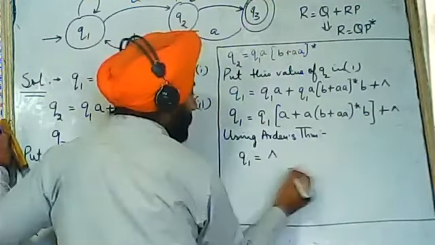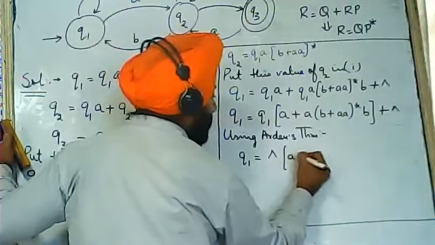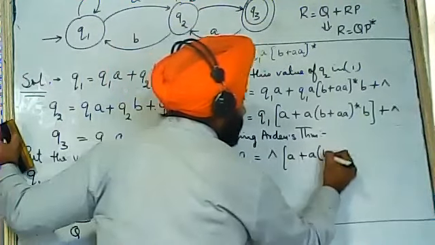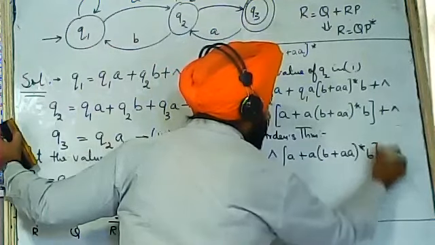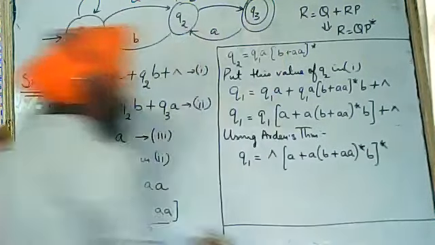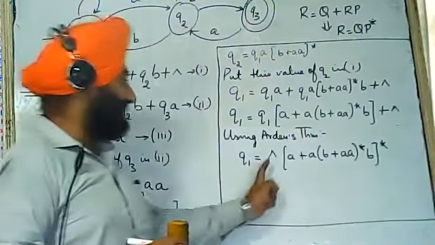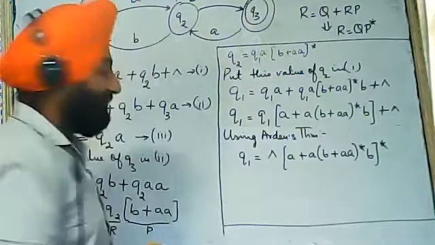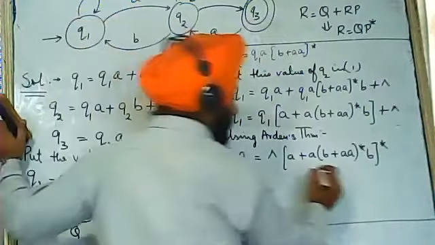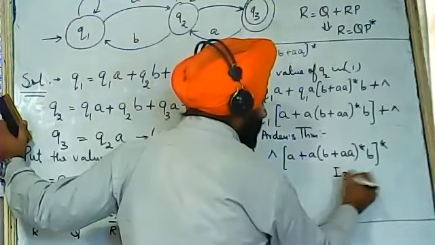Then you have P, P is this complete thing star. So Q1 equals null dot P star. If you remember, we have one identity, that is I3.